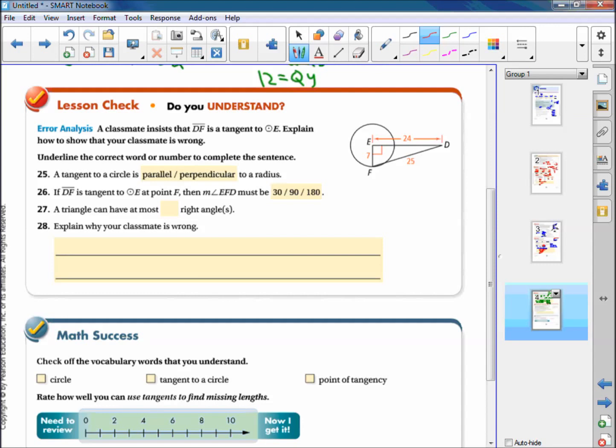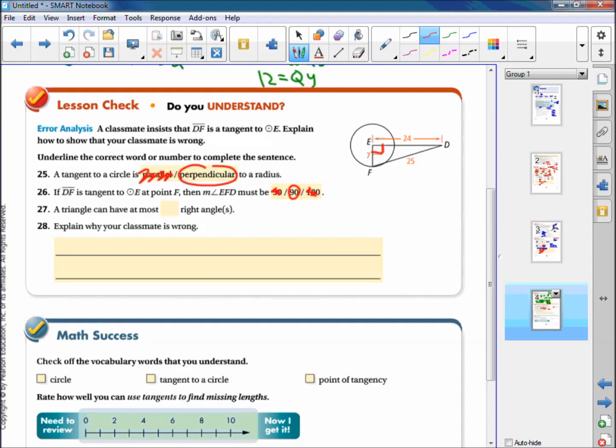All right, welcome back. Underline the correct word or number to complete the sentence. A tangent to a circle is going to be perpendicular to the radius, and we have perpendicular in there. So if DF is tangent to circle E at point F, then EFD must be 90 degrees.